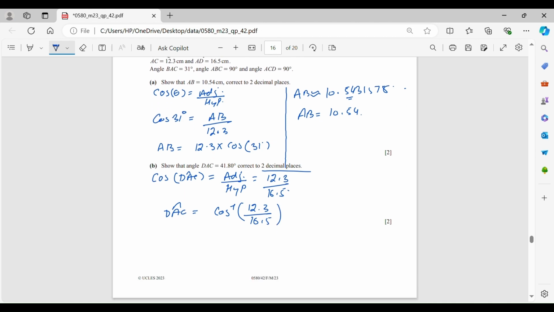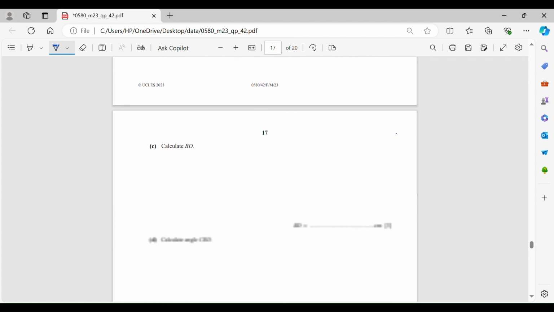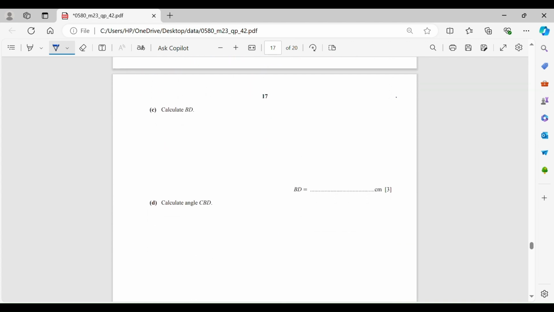Now we will use the calculator. So DAC will be approximately equal to 41.80184419. So DAC angle will be equal to 41.80 in 2 dp, right? Next is the C part. Calculate BD.